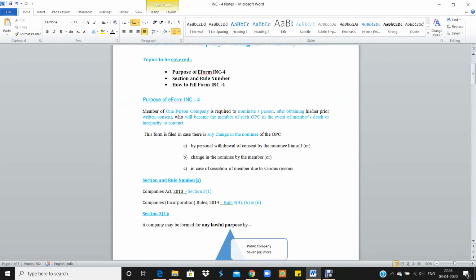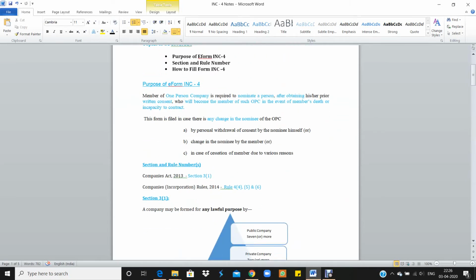As per rule 4, sub-rules 4, 5, 6, what it says is: any personal withdrawal of consent by the nominee himself, then INC 4 has to be filed.